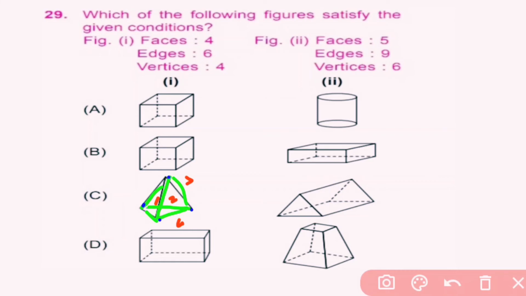And figure 2, faces 5, so this 1, down 2, this 3, front 4, this backside 5, and edges 1, 2, 3, 4, 5, 6, 7, 8, 9, and vertices 1, 2, 3, 4, 5, 6. So here C is the correct answer.